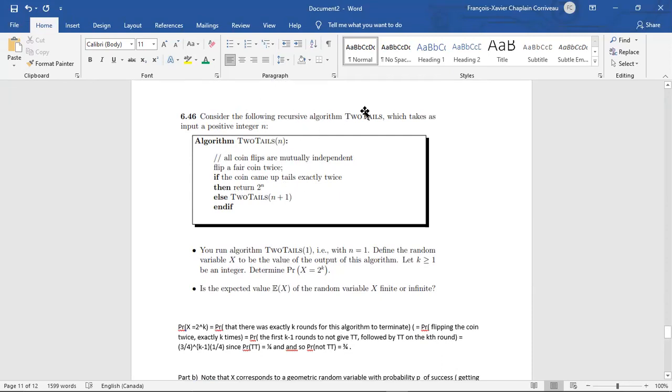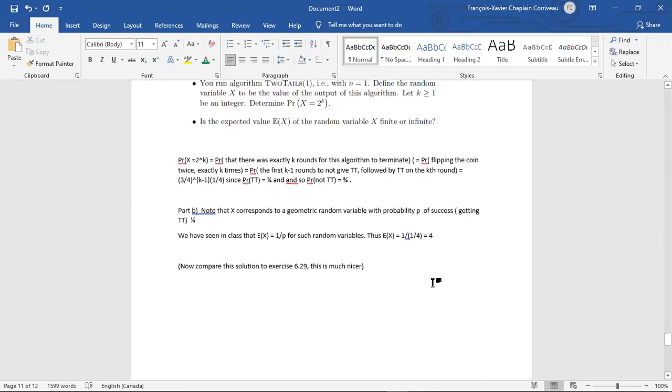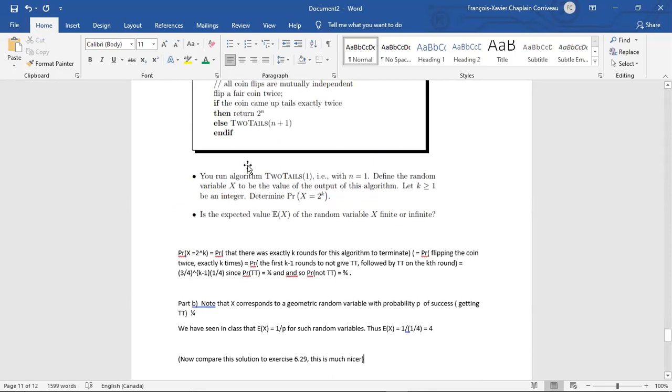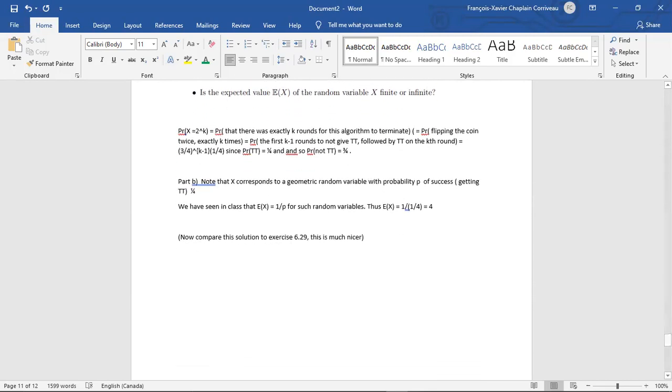If you care about the outcome of 2 flips, instead of flipping 1 coin at a time, why don't you flip 2? If I cared about the outcome of 3 flips, instead of flipping 1 coin at a time, flip 3 at a time. It gives a much nicer proof.